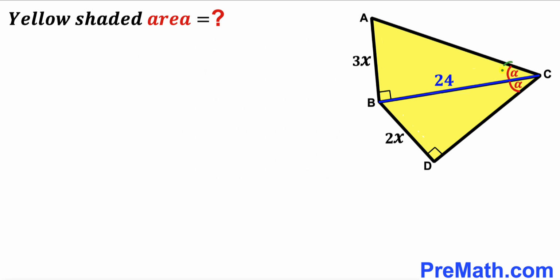In other words, these two angles are congruent, and furthermore side length AB is 3x and side BD is 2x. Our task is to calculate the area of all this yellow shaded region.